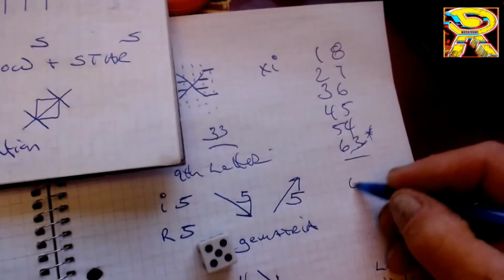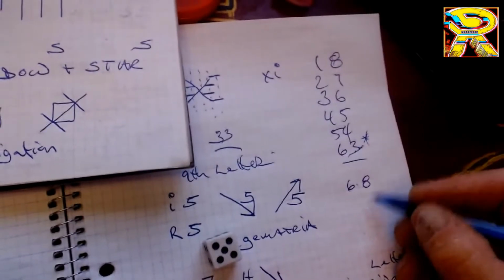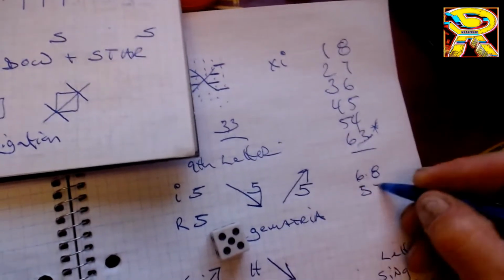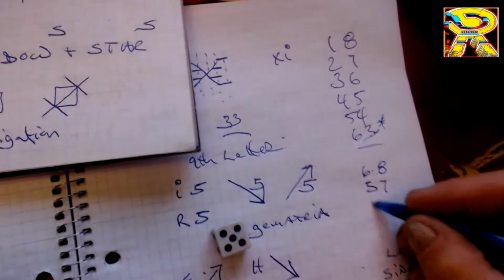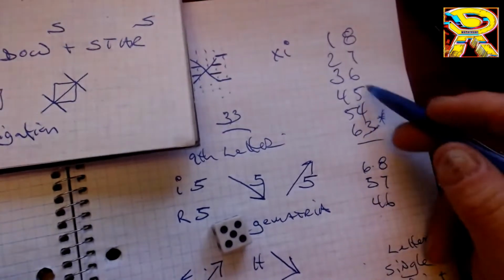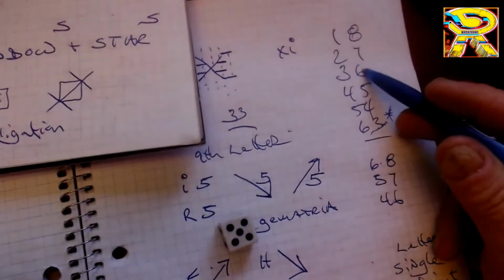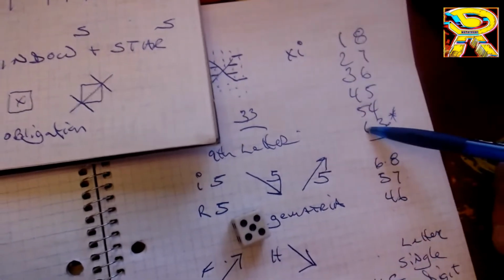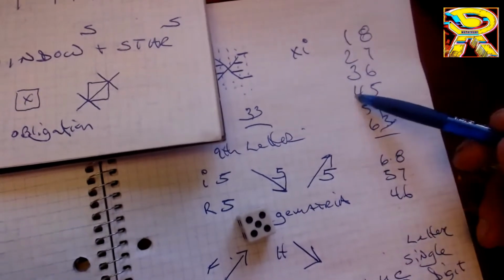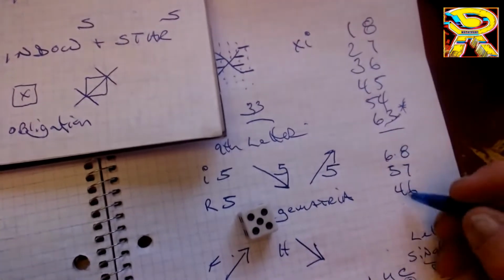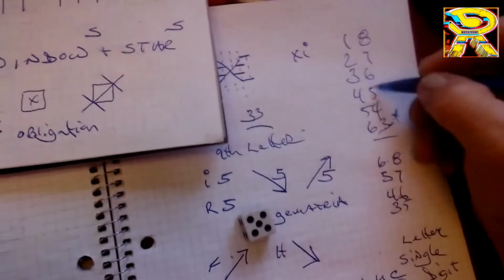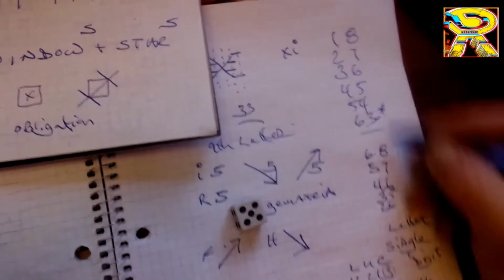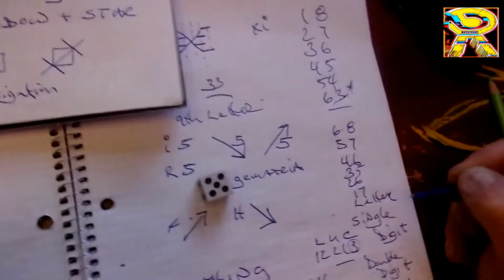That is your creation. Your numbers down, your numbers up. So you would put 6 and 8 together. You would put 5 and 7 together. You would put 4 and 6 together. Did I do that right? 8 and 6 together, 5 and 7 together, 4 and 6 together, 3 and 5 together, 2 and 6 together, and 1 and 7 together.